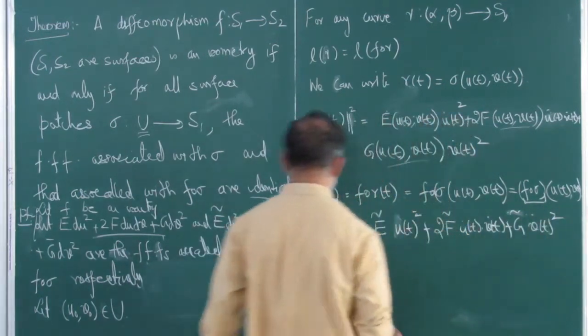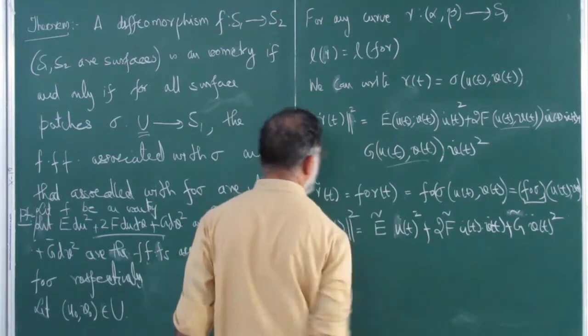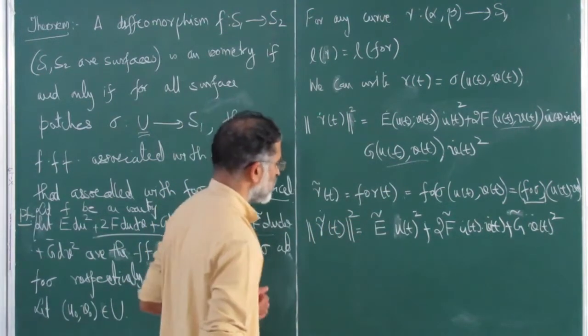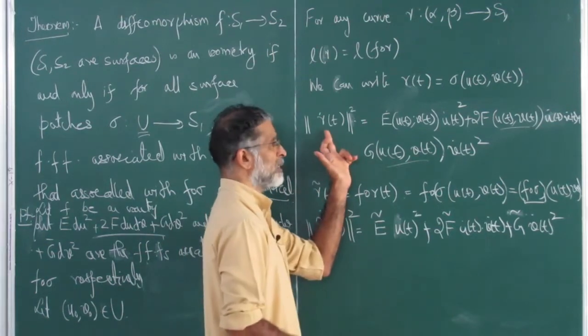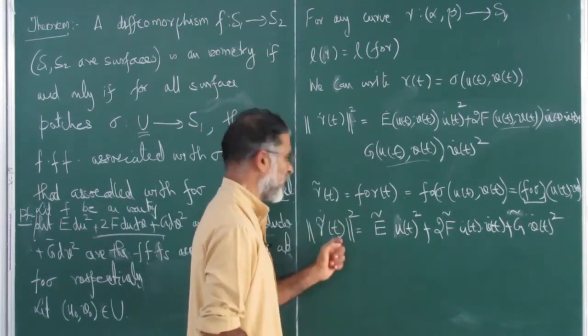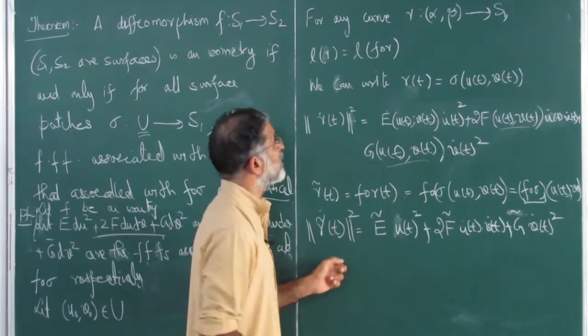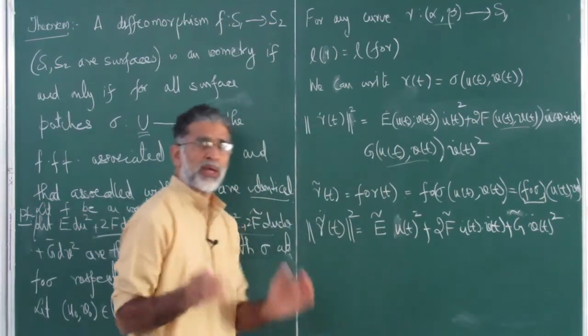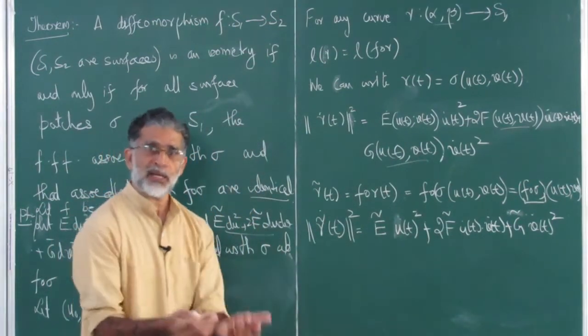So this is the square of it. What is given is that f is an isometry. Therefore, the length of this is going to be the length of this. We can take any portion of the curve between two points, because that is another curve, a restriction of the curve.